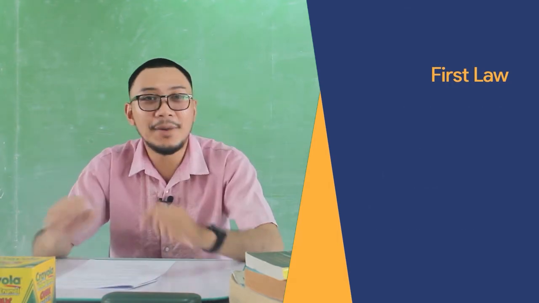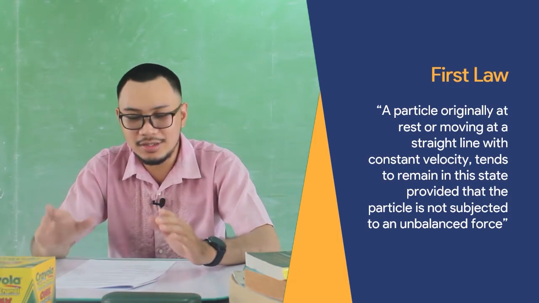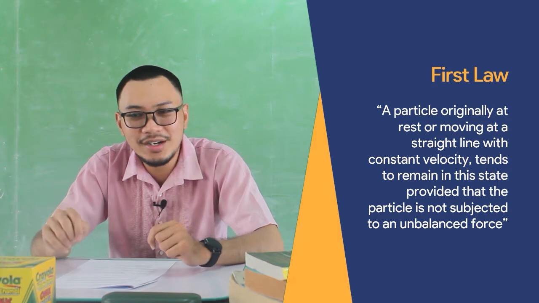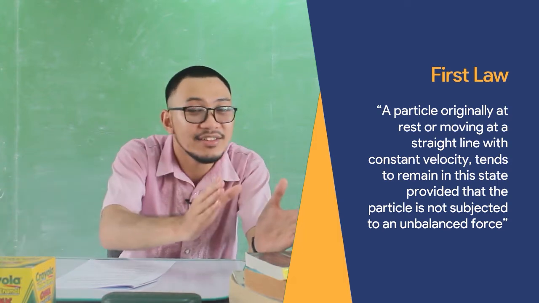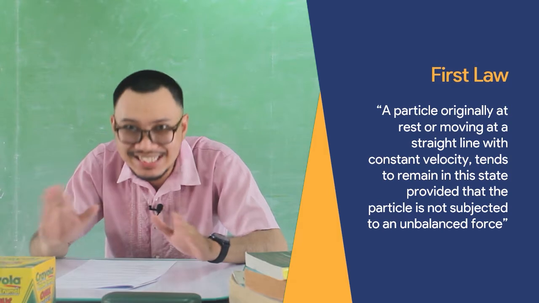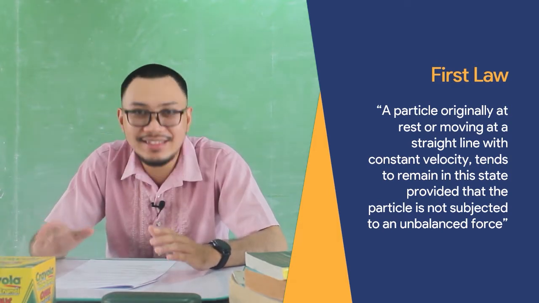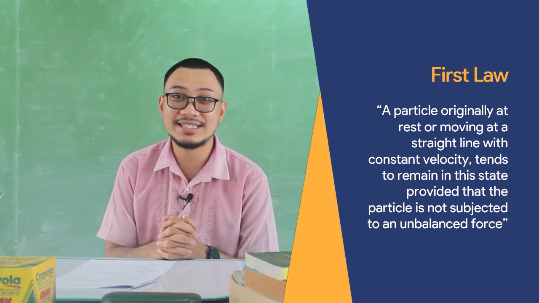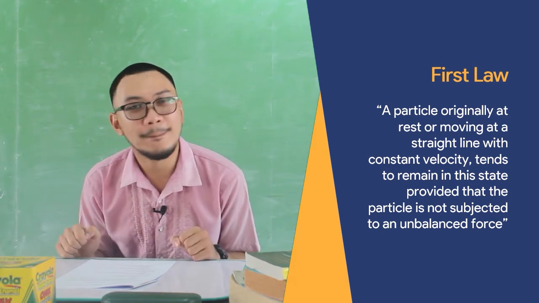Di ba? So, our first law, Newton's first law of motion. Can you remember what that is? A particle originally at rest or moving at a constant velocity tends to remain in that state provided that there are no unbalanced forces acting on that particle.